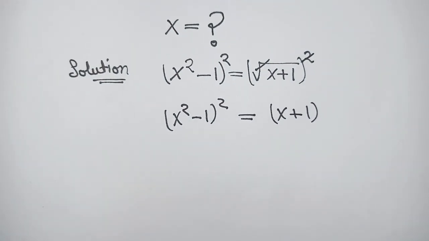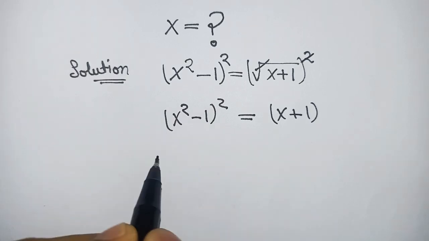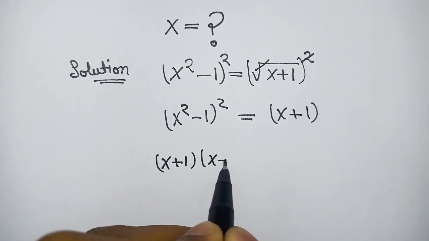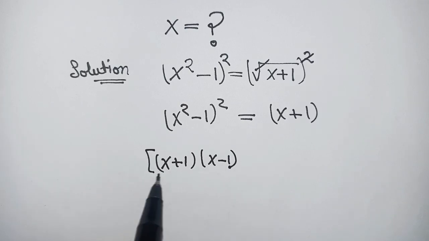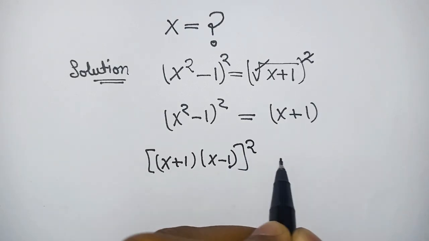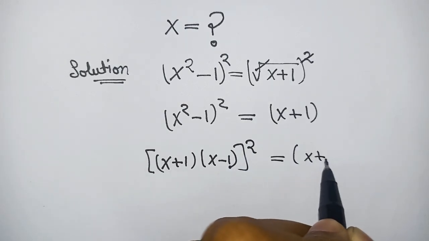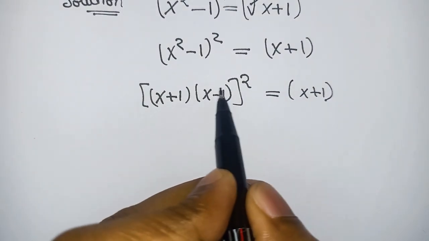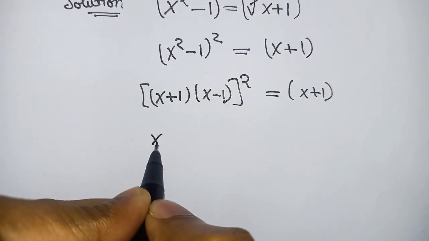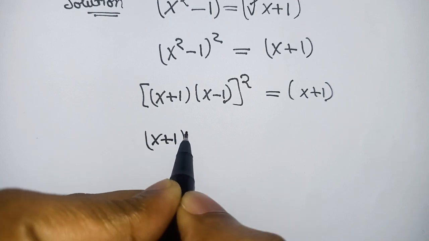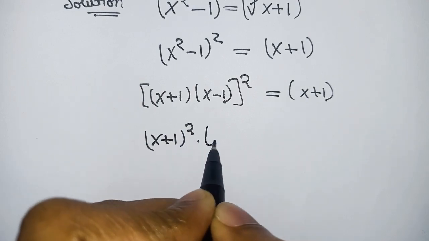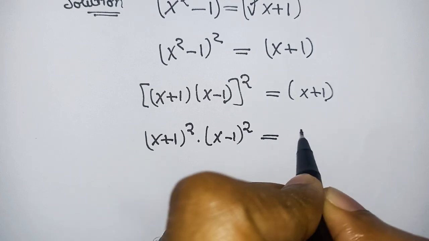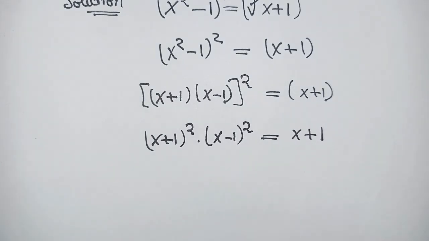And we know that x square minus 1 can be written as (x plus 1)(x minus 1), and the whole power is 2, which is equal to x plus 1. Now by distributing this power, we can write it as (x plus 1) power 2 into (x minus 1) power 2, which is equal to x plus 1.